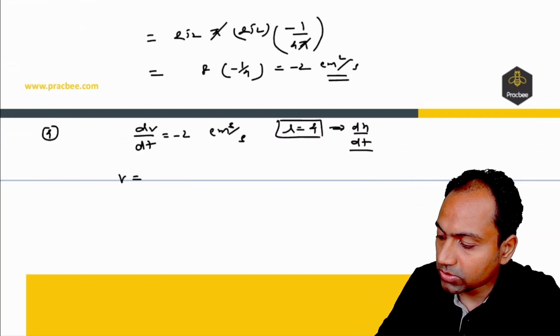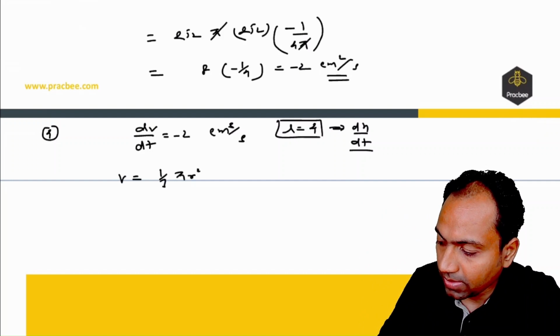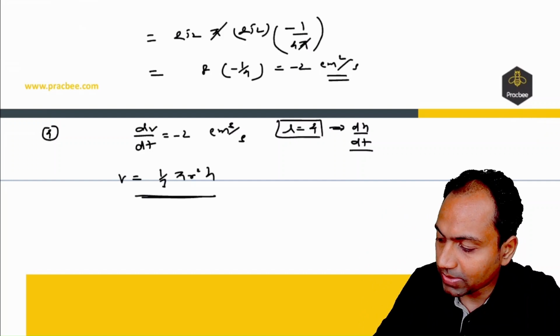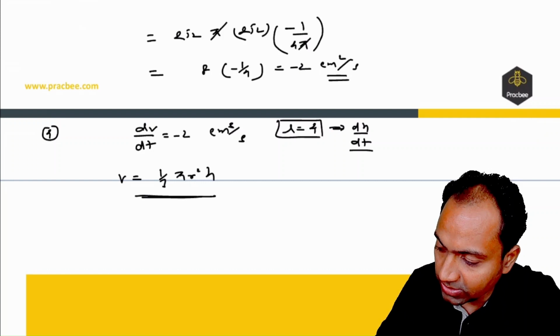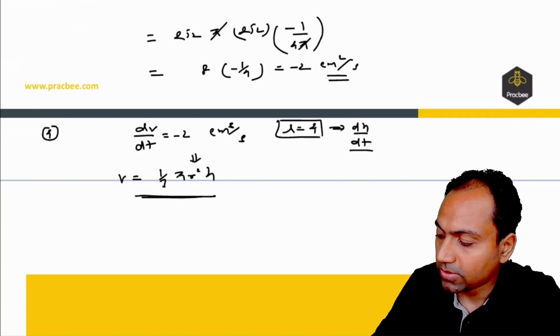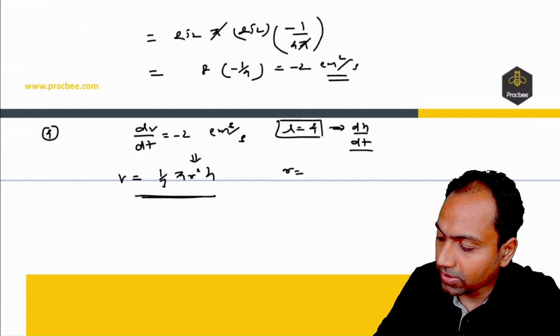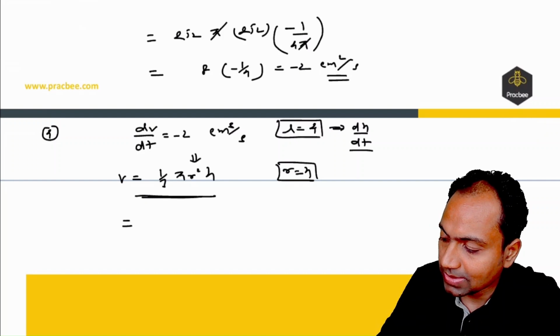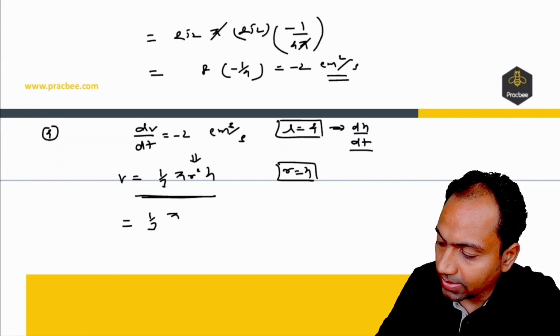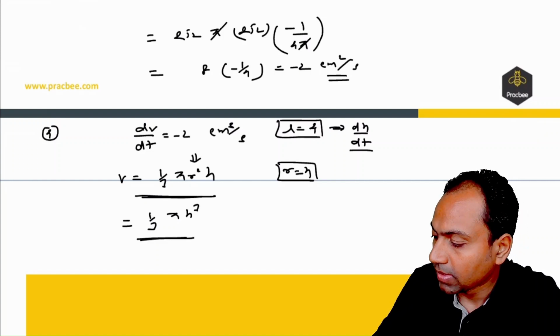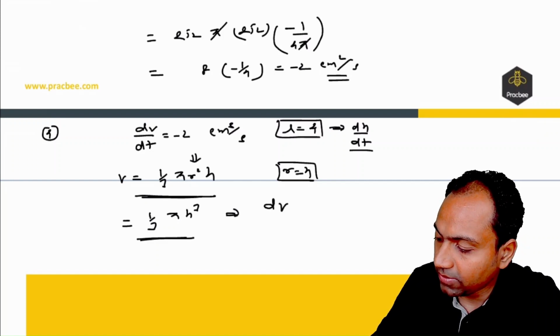Volume was 1 by 3 pi r square h. Now instead of replacing h, let us replace r. Since we figured out that r was equal to h, we can write this as pi h cube by 3. And now if I find dv by dt, it comes out to be pi h square dh by dt.